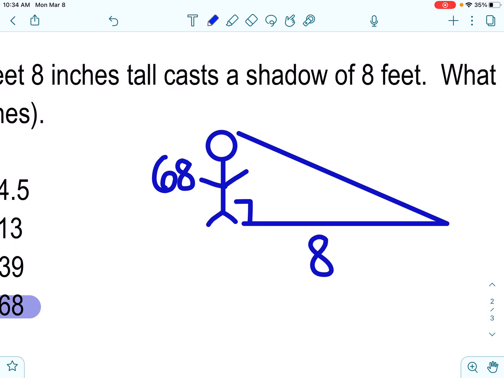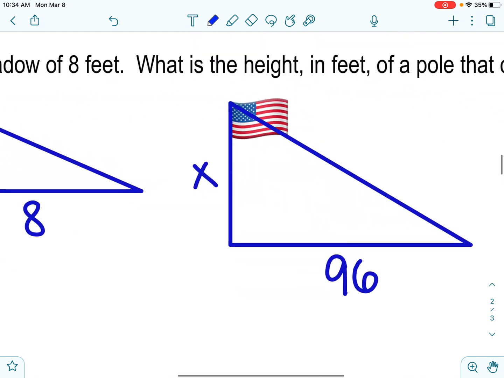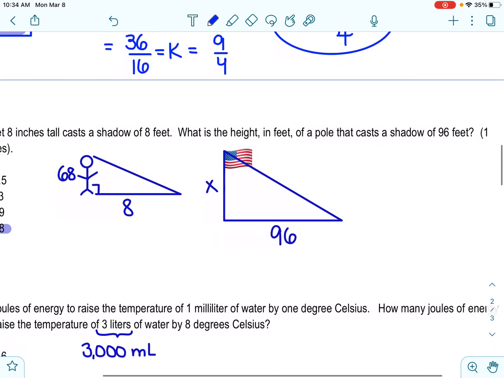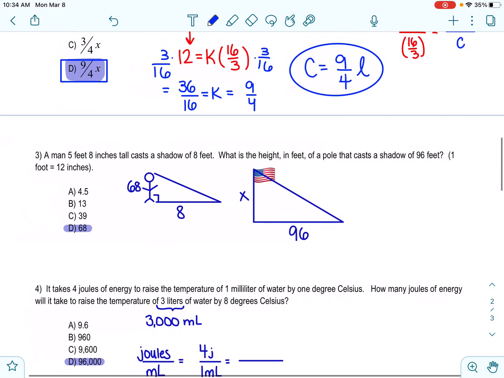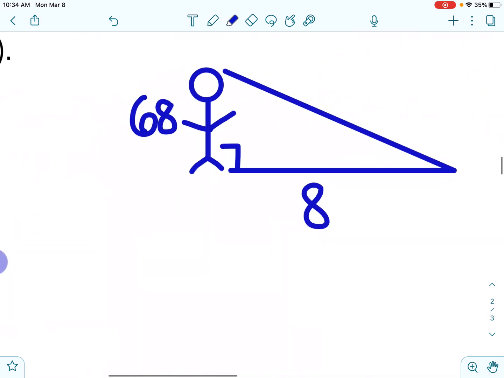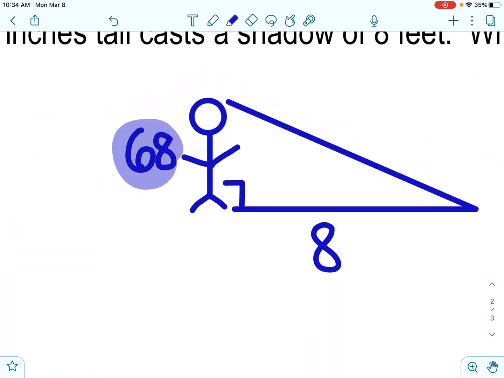And then we are looking for the height of the pole. But I did forget one part of this. Here's the problem.